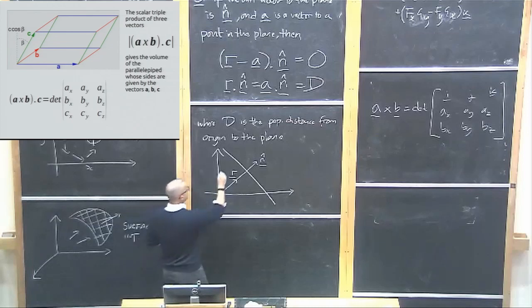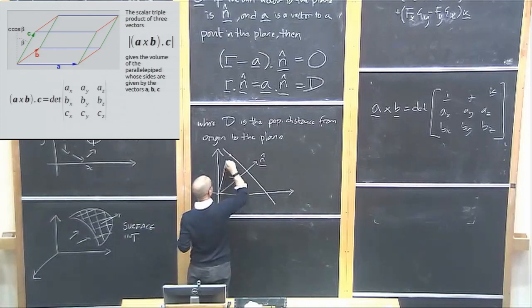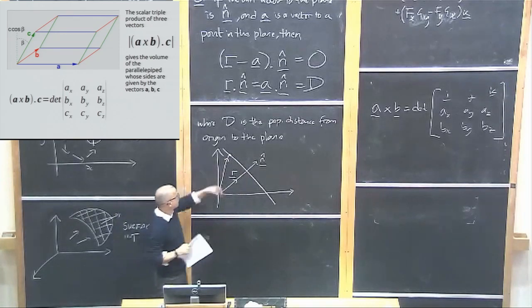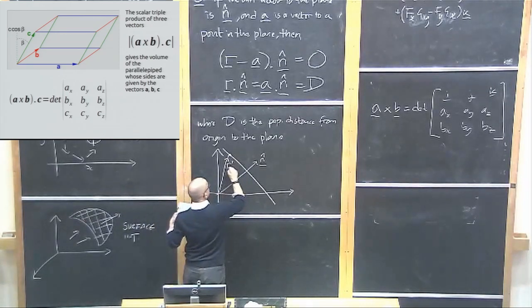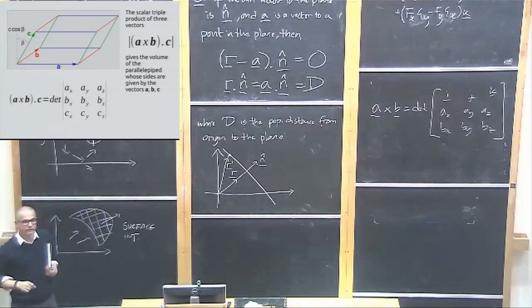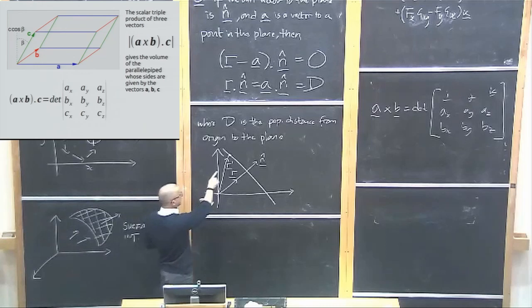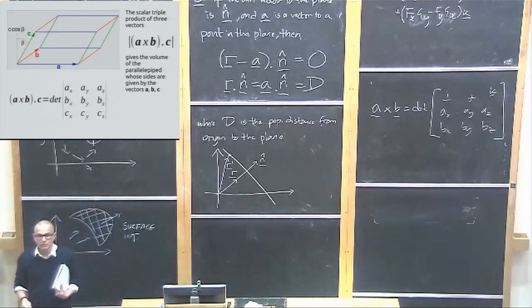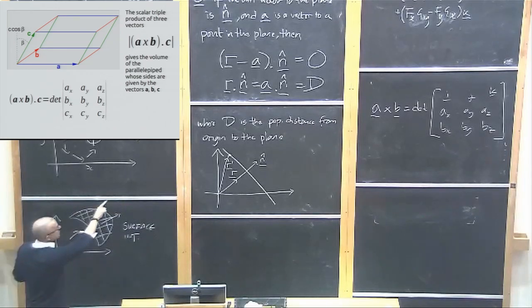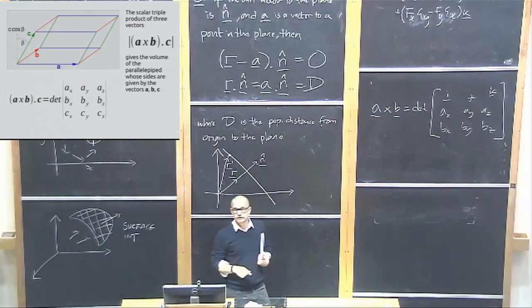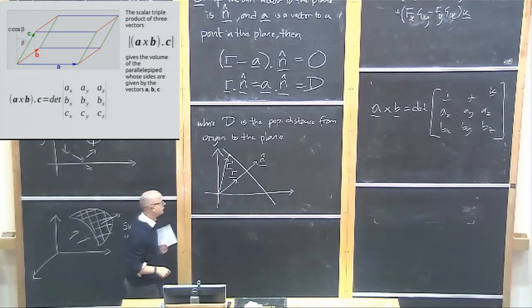But if I pick some other point in the plane, for example here, then I can still see that the dot product of that vector with the unit normal to the plane is still going to have the same length, okay? The projected distance of that vector in the direction of the unit normal is still going to be the same, okay? So the dot product of the vector to any point in the plane with the unit normal to the plane gives you the shortest distance from the plane to the origin.